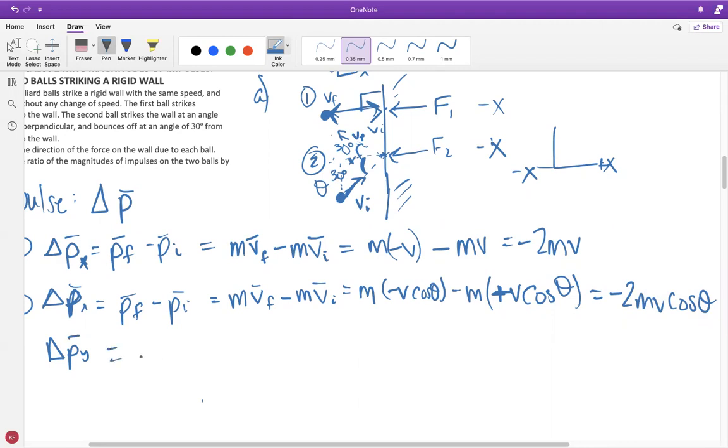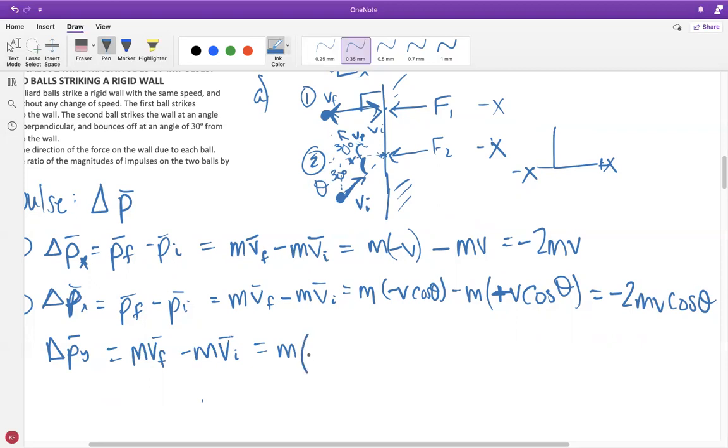Now for our y direction, we have our mass times velocity final minus mass times velocity initial. Okay. So for our final, we have opposite, okay, over hypotenuse.